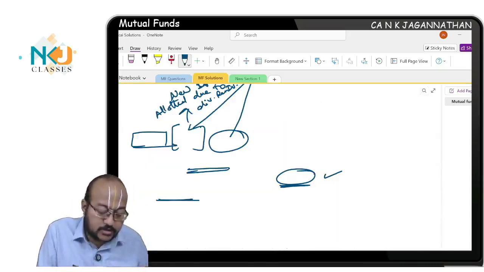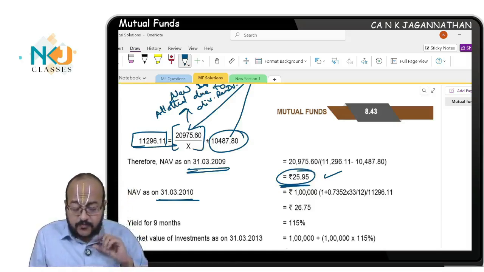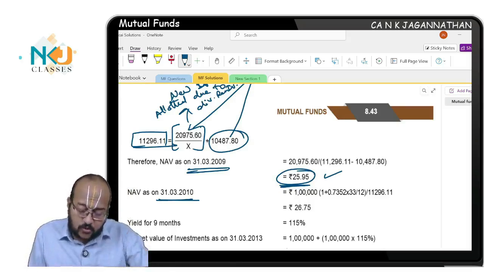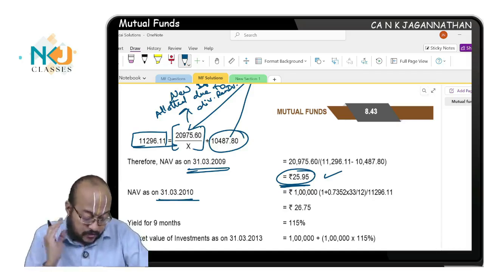The 33-month annualized return is given as 73.52. How to do it? You need the holding period return from the annualized return.